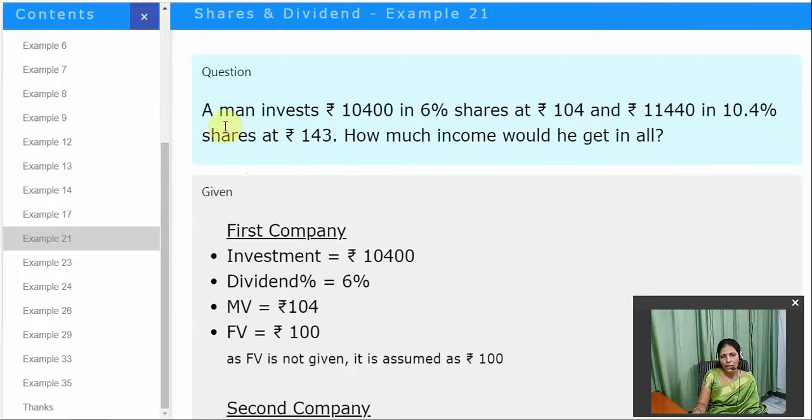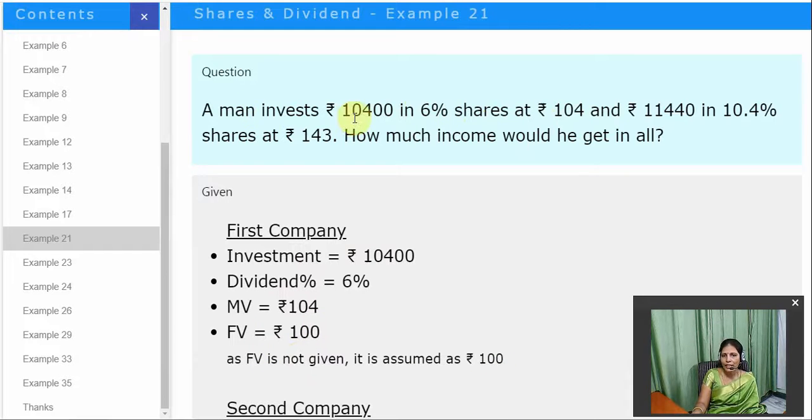See, actually a man is investing this much in a company which gives 6% dividend, and this 104 is the market value, shares at rupees 104. So 104 is the market value. Here the face value is not given, so we are assuming the face value as 100.